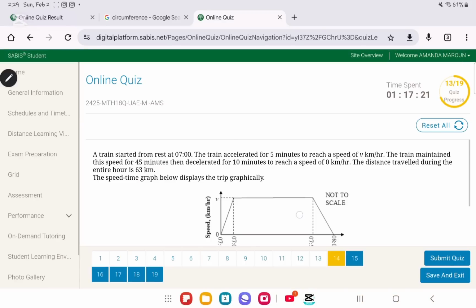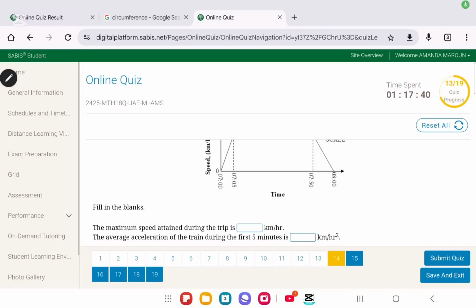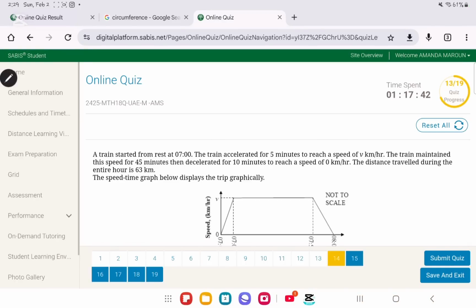Moving on to question number 14. Okay, so very simply what we're gonna do over here is take the total distance, which is 63 kilometers, and find the velocity. To find the velocity, we know that the distance is equal to the area of the shape. In this case, it's a trapezoid. So it's velocity, the height, times base 1, which is from 7:05 to 7:50, which is 45 minutes.